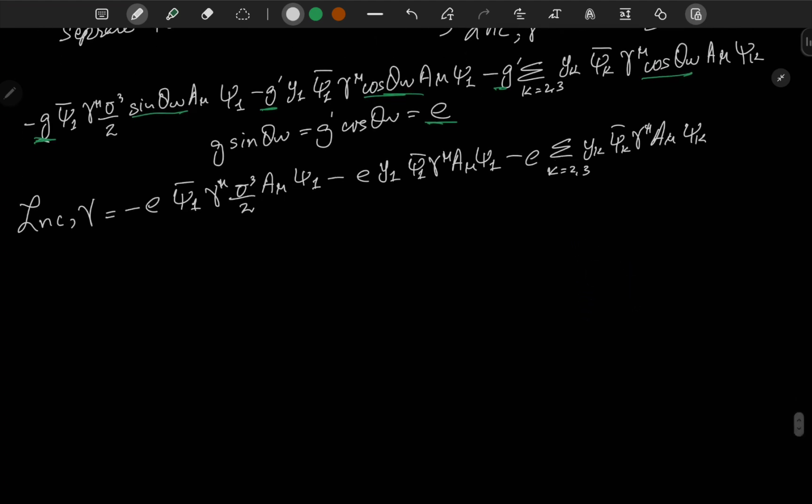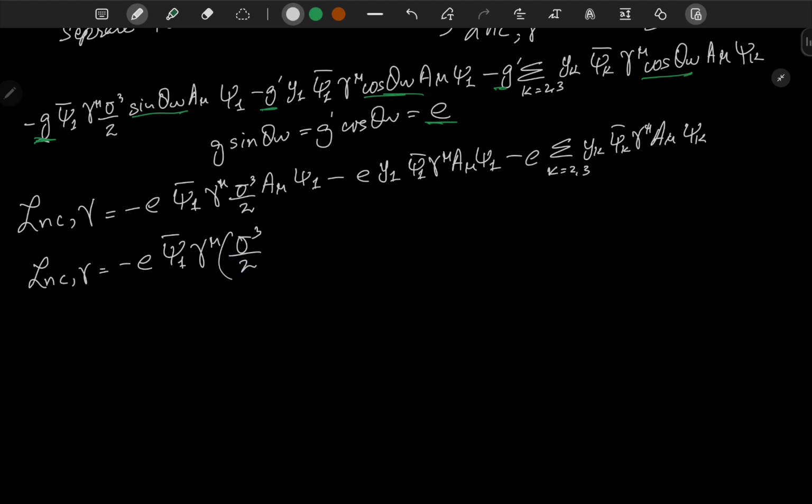So this is the neutral current term. We can simplify it more, let's see how. These are the terms which are common in both first two terms.